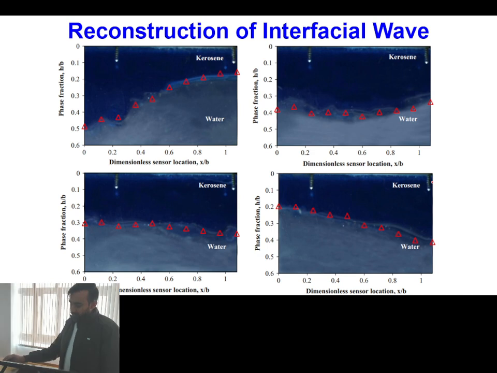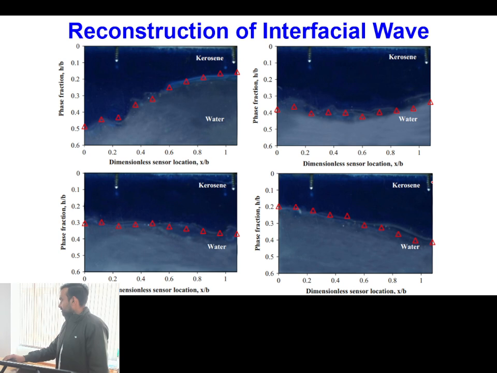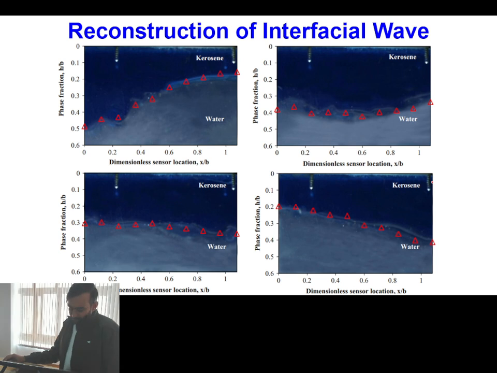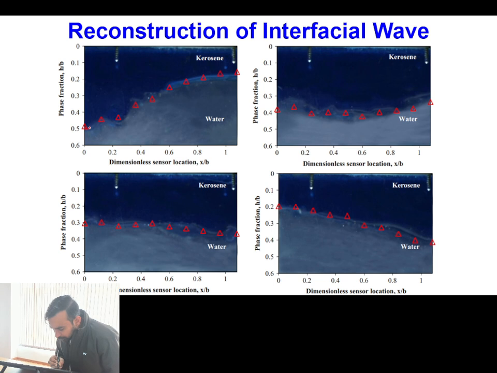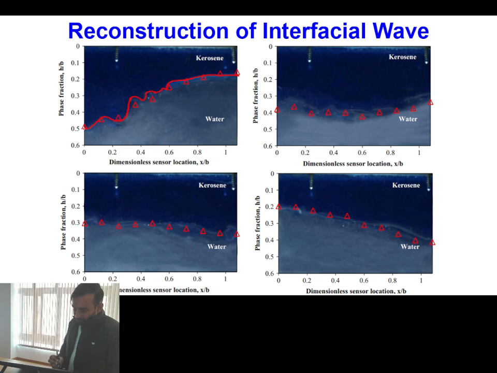This is some random pattern which is generated in the interface, and upon generation of the random pattern you can see now your interface profile is very intricate, but still if you will be fitting the best fit data, that will be going something like this.